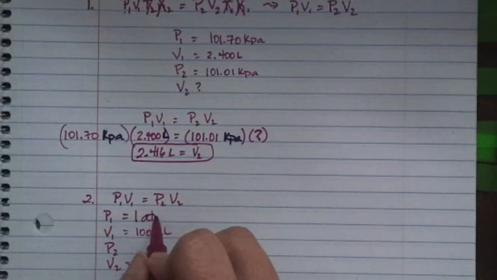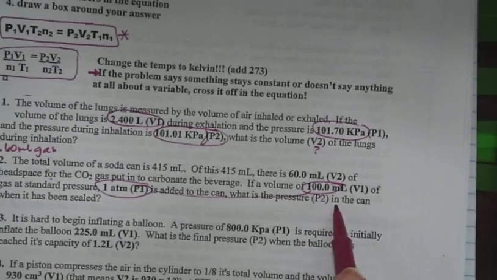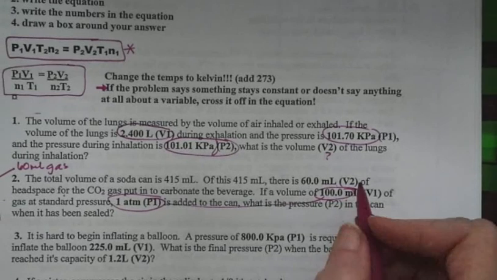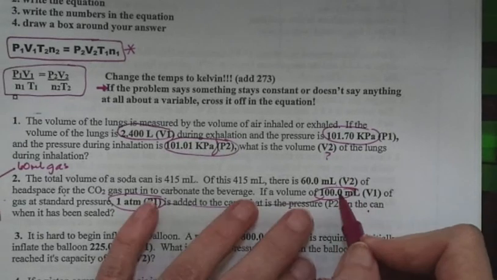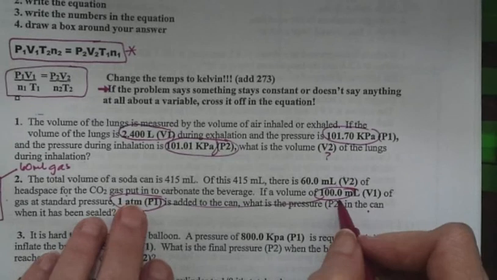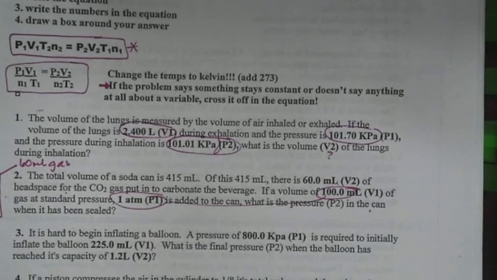What's the pressure in the can when it's been sealed? You can see the reason I called this V2: after it's been sealed up, they want to know the new pressure. So here's our original pressure. Anyway, you've got your setup here.